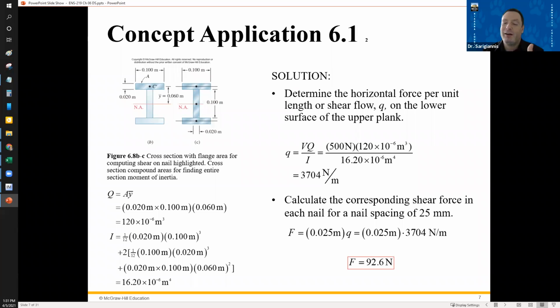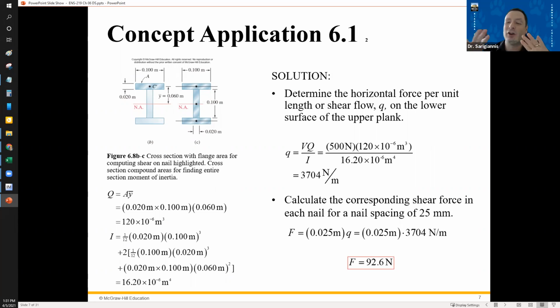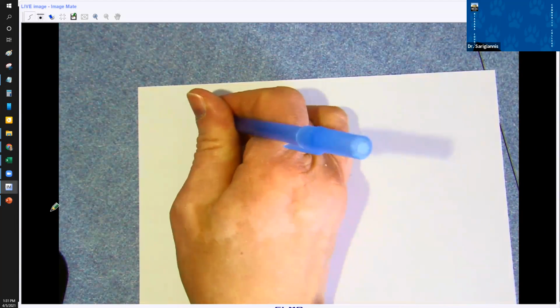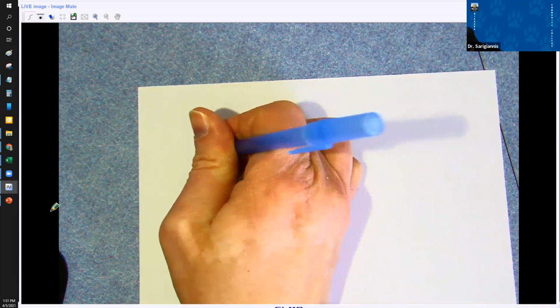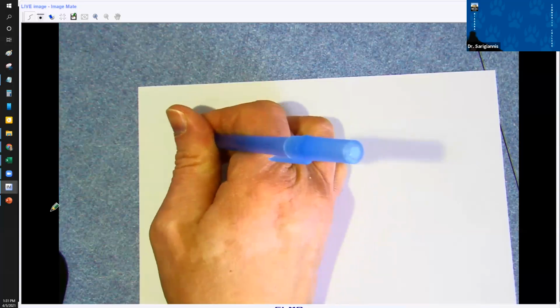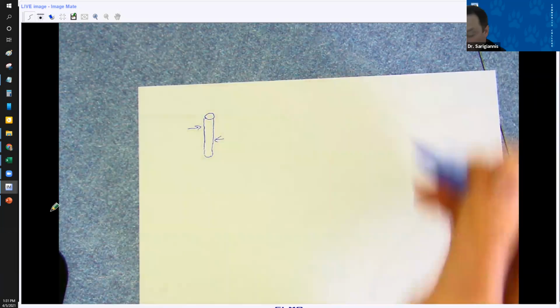Now, let's relate this to earlier material. Earlier, we had a cross section. What do we got? 92.6 Newtons. A nail is basically a cylinder running through this object, and it's got a shear force on it.